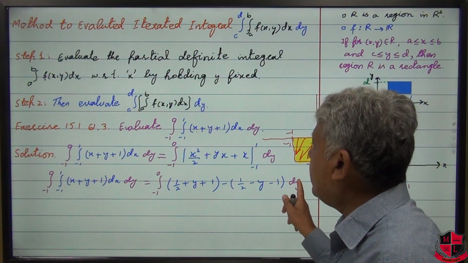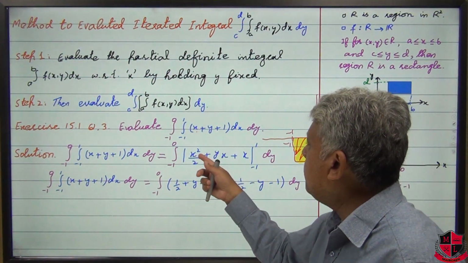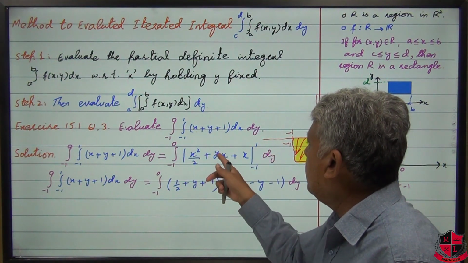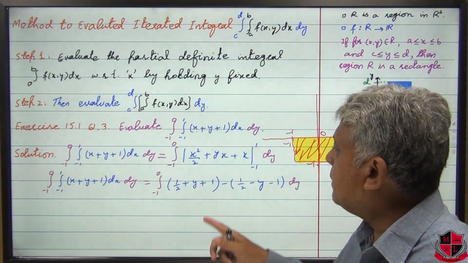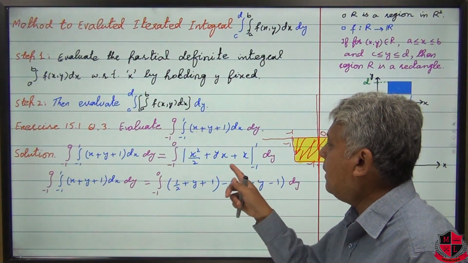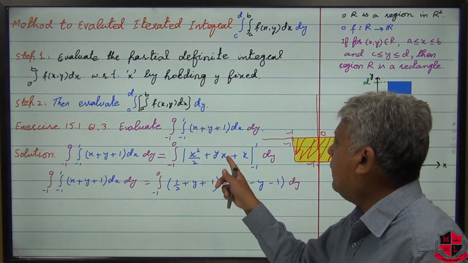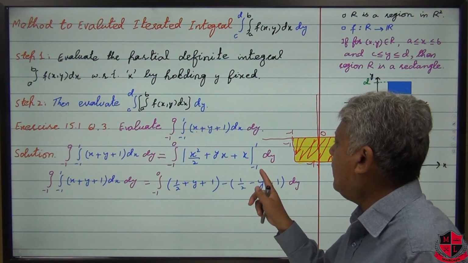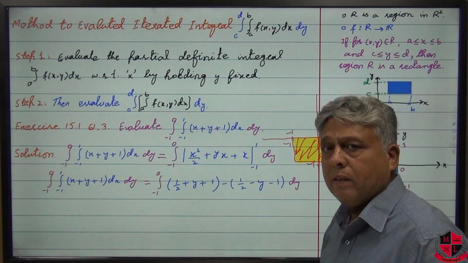-1 to 0 dy, this integral is the same, we have to solve. First replace x by the upper limit 1, so 1 by 2 plus y plus 1, minus, replace x by the lower limit -1, square of -1 will be 1, so it will be 1 by 2. Here when x is replaced by -1, it is -y, and here when x is replaced by -1, it is -1.